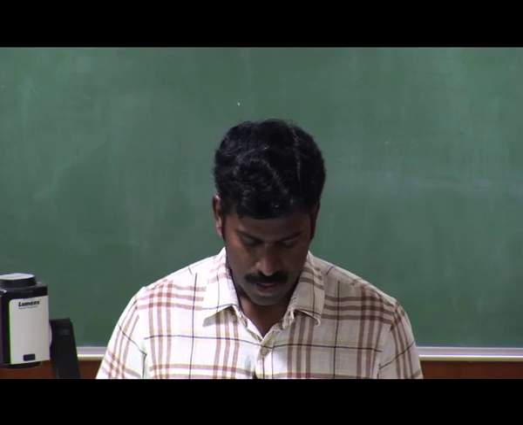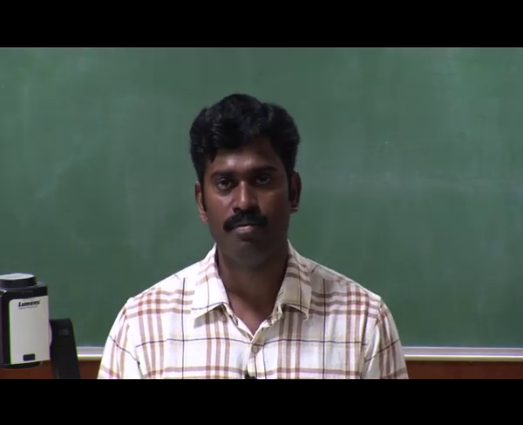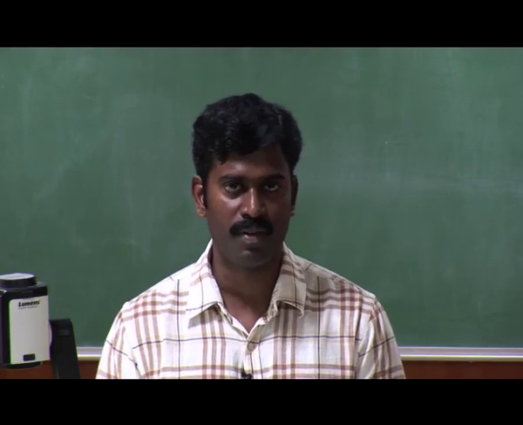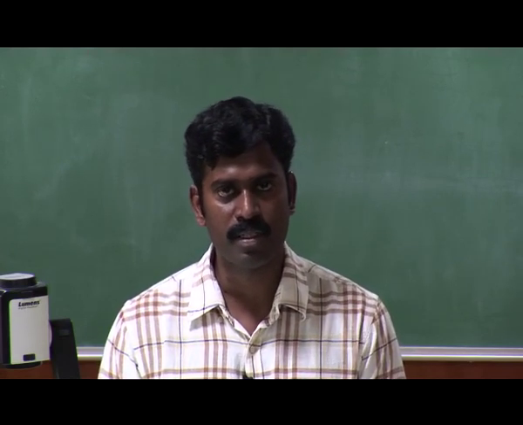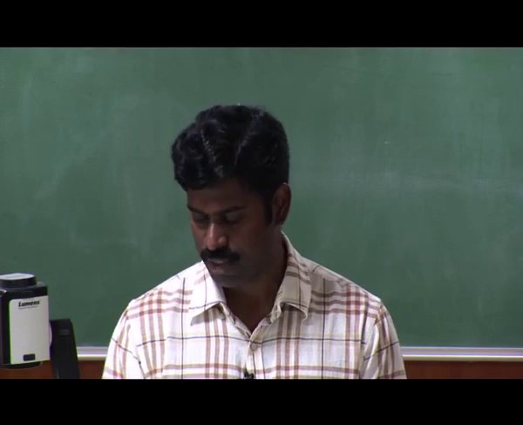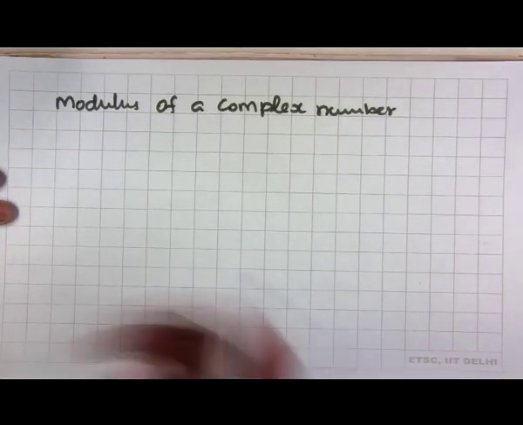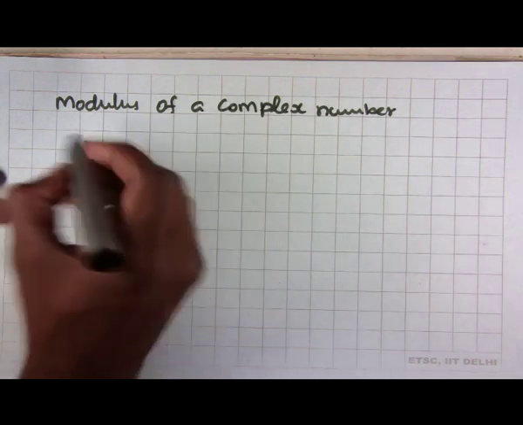So, let me just summarize. What we have done is we introduced conjugation of a complex number and we studied several properties. Now, what we will discuss is the modulus of a complex number. So, first let me recall how we define the modulus for the real number system.